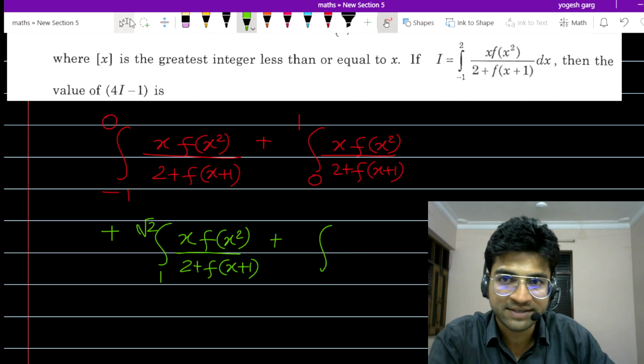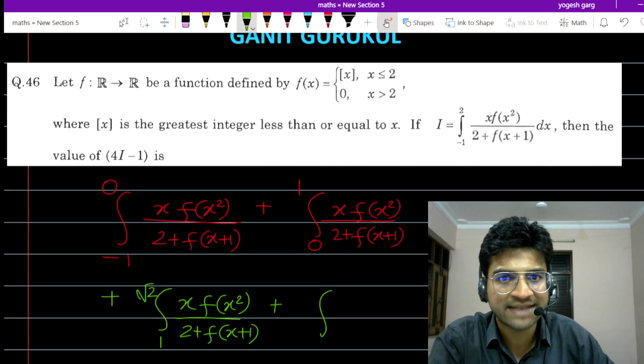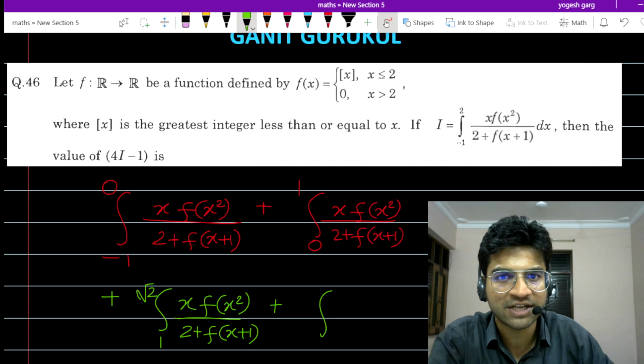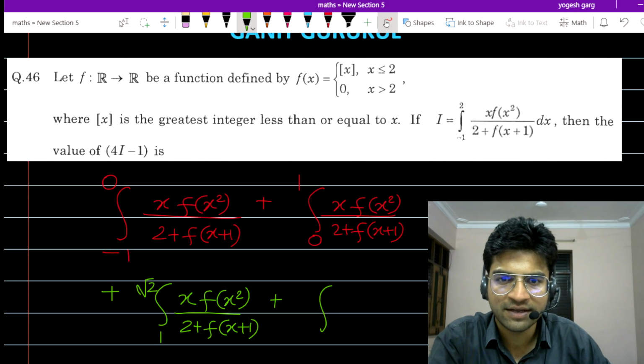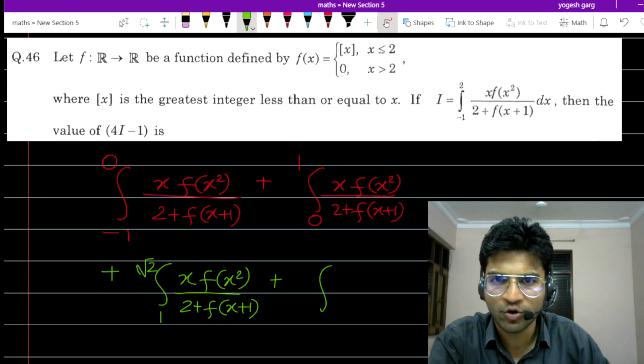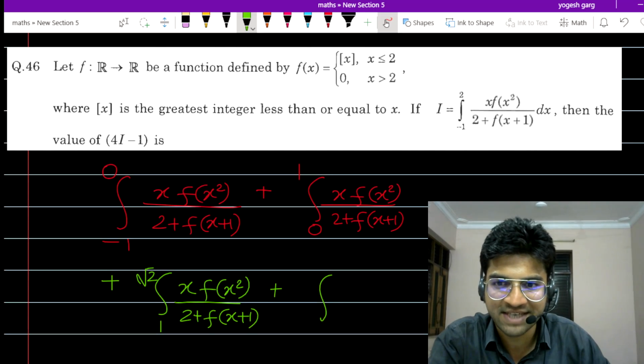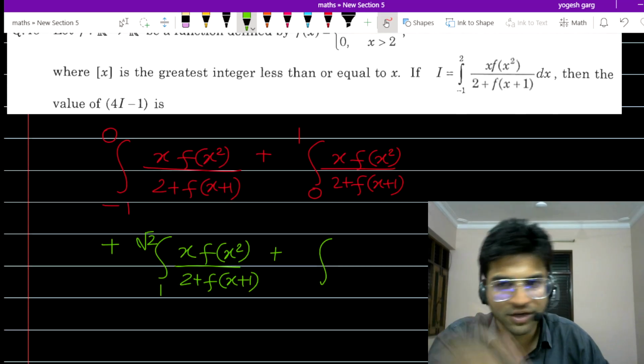We have to break, see, if x is less than or equal to 2, then it is greatest integer of x. So f(x) square, right? No, we need not break it, because if x is greater than 2, then f(x) is equal to 0. So no issue.